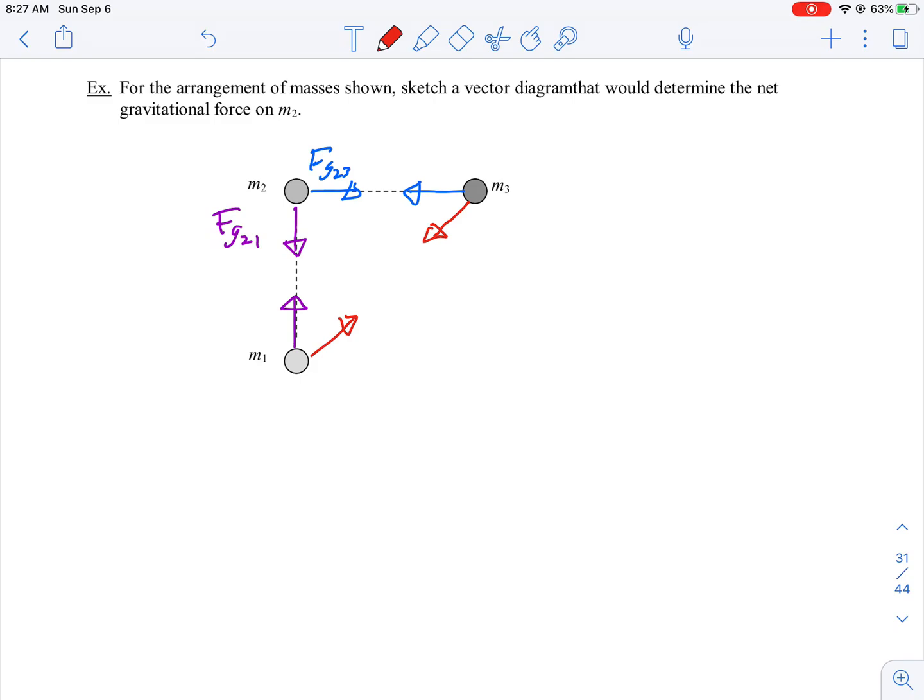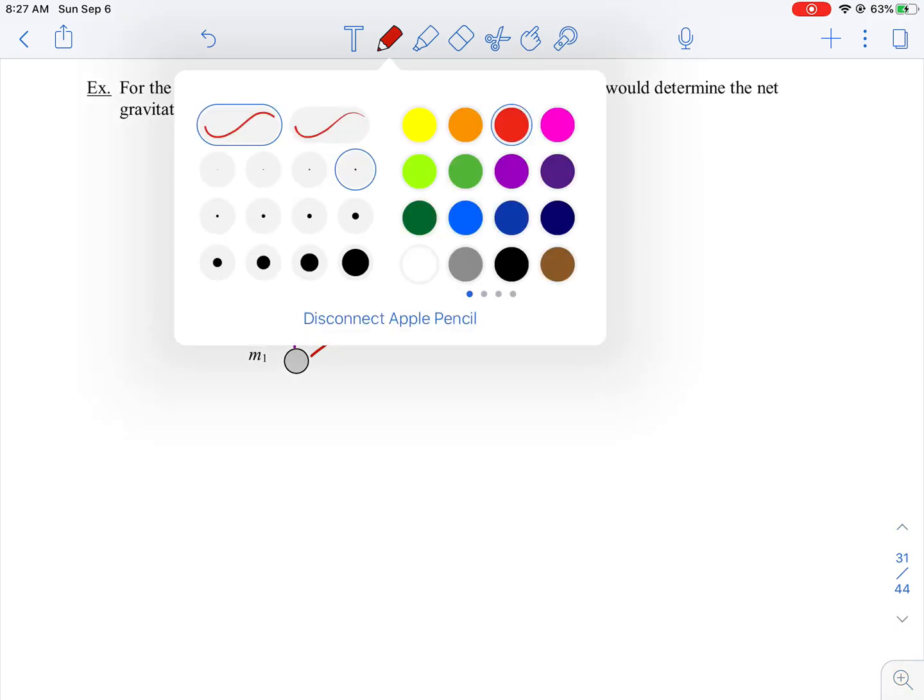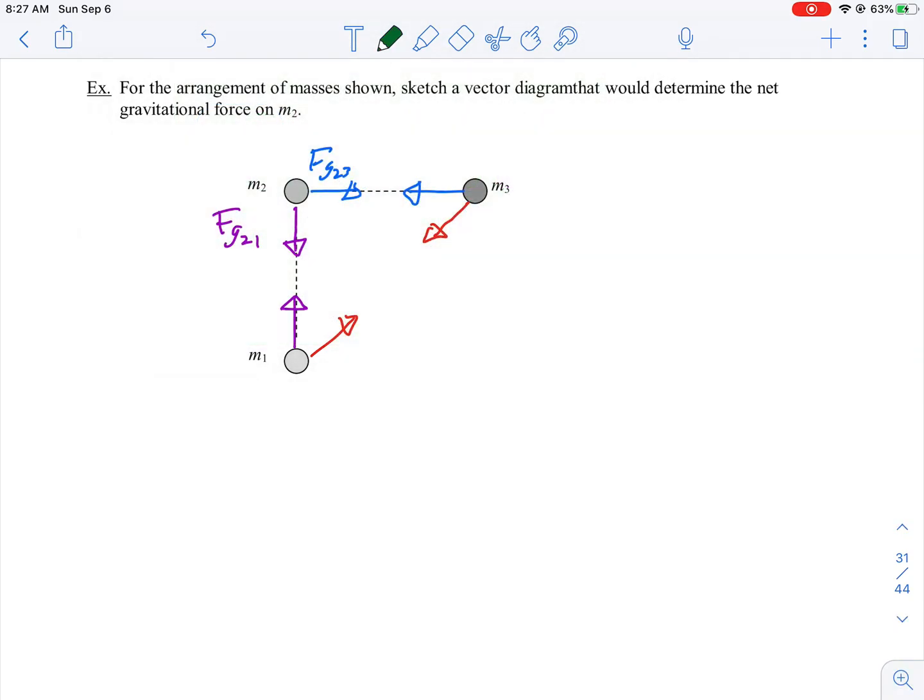Now, if we're looking for the net force, can you see that these two vectors are at 90 degrees to each other? Hopefully, that's inspiring you to do tail to tip. So let's say, for example, I do Fg21. I do that one first. Remember, you add the next one to the tip. So to the tip of that, here's Fg23.